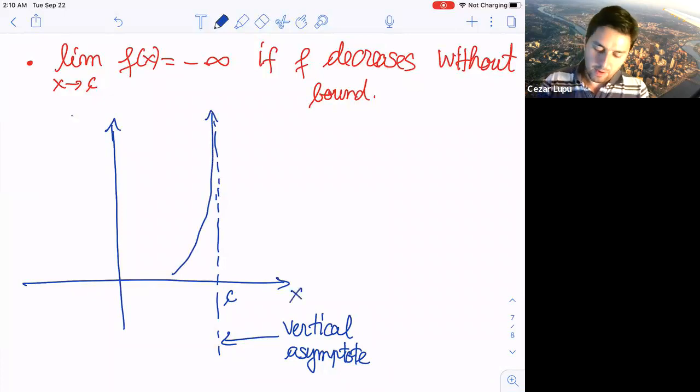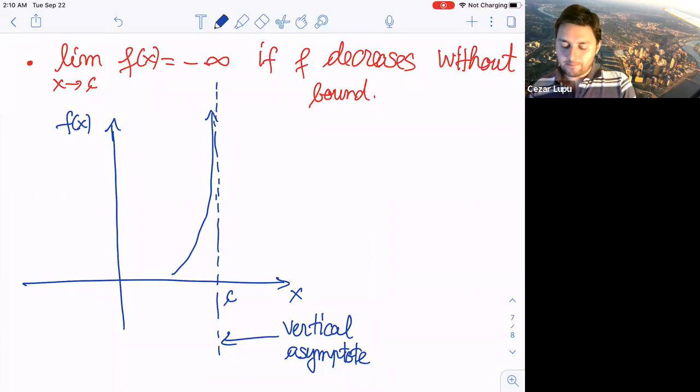This is x, this is y, right? f of x will go like this. And this way we can illustrate that it goes up and it doesn't stop. This illustrates that the limit as x approaches the constant c of f of x will be positive infinity.